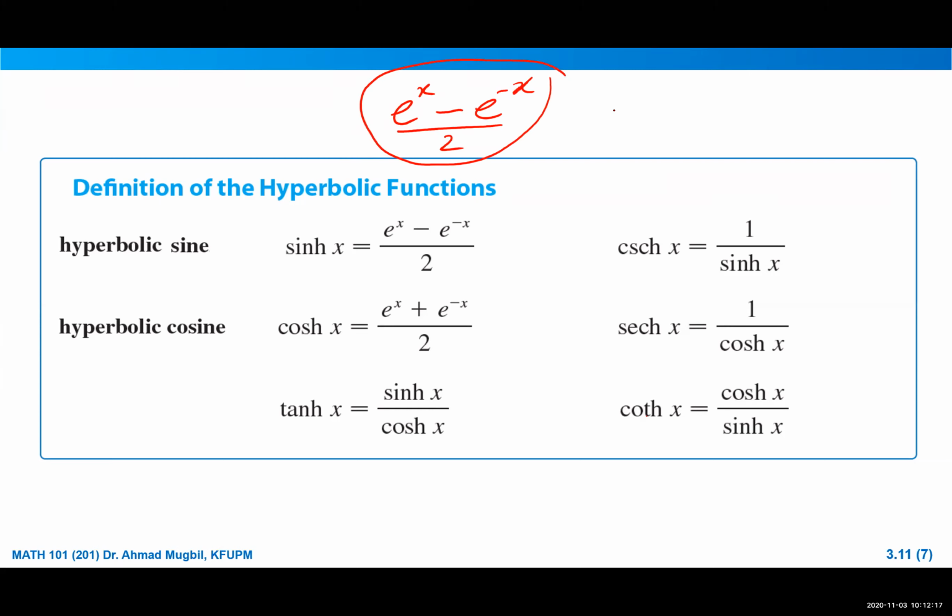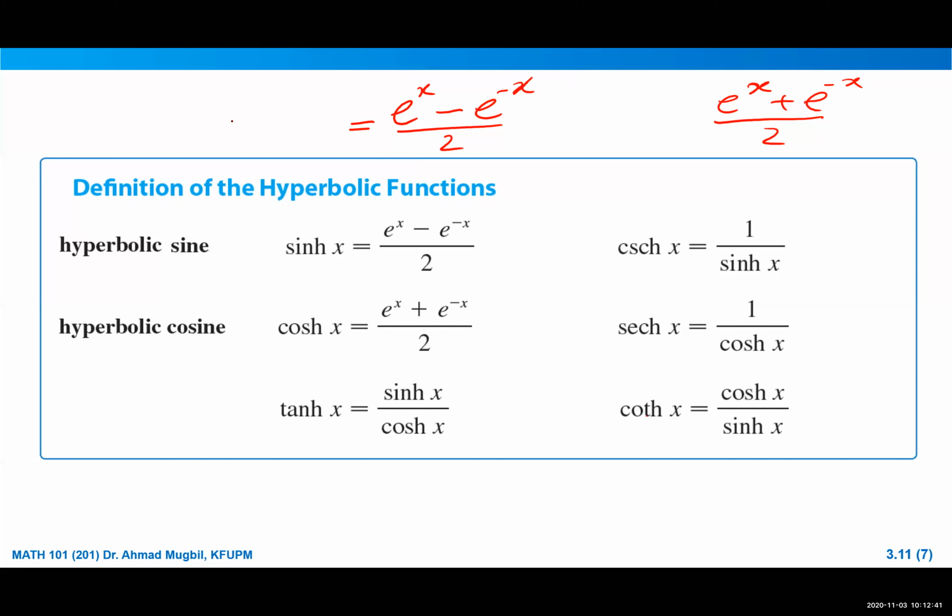Also the function e to the power x plus e to the power negative x over 2. They noticed that these two functions have specific properties, and they also appear in many applications. So they gave them specific names, and they chose the names carefully.